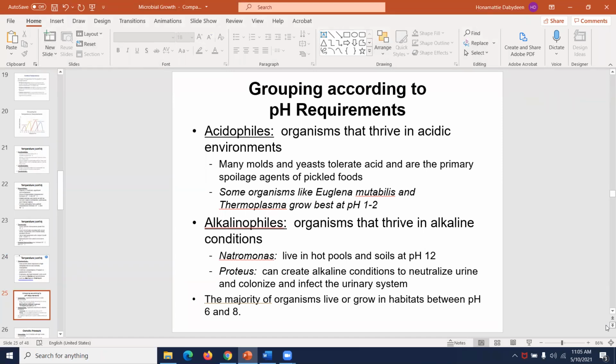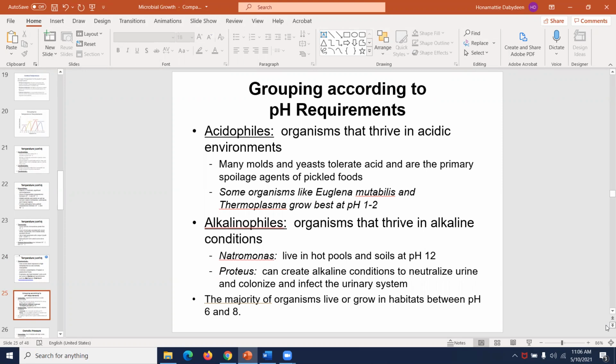So acidophiles, as the name suggests, philes meaning liking, they like acid. Organisms that thrive in acidic conditions. Many of the fungi, the yeast and the mold, tolerate some acidity. Now, they don't like very highly acidic conditions.